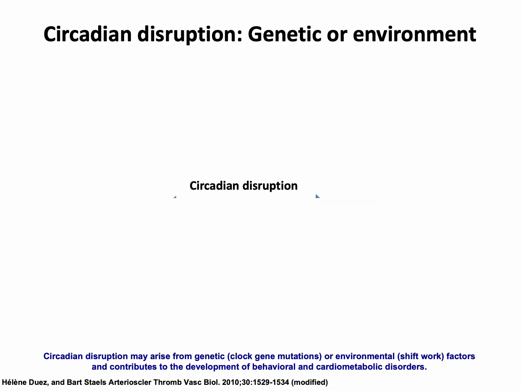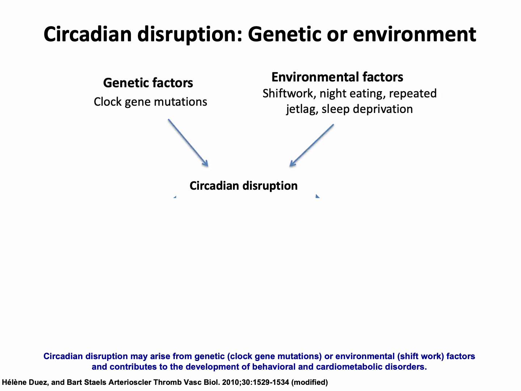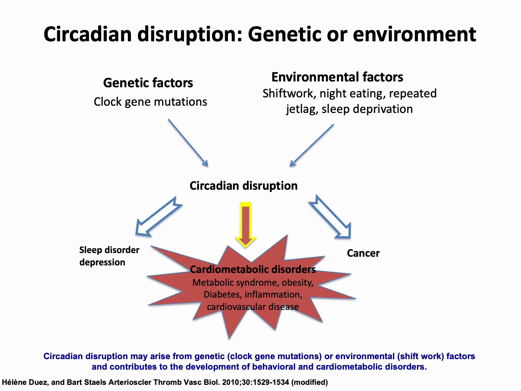Circadian disruption may arise from genetic factors, such as gene mutations, or environmental factors, such as shift work, and contributes to the development of behavioral and cardiometabolic disorders and even cancer. For this presentation, I will concentrate on the cardiometabolic disorders.